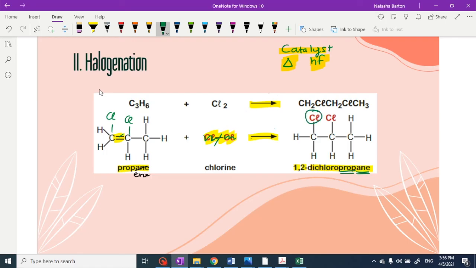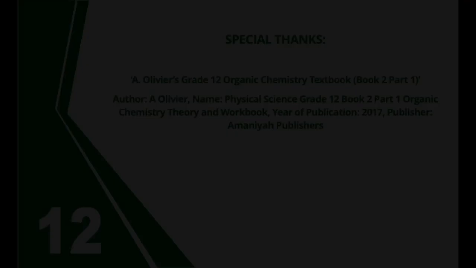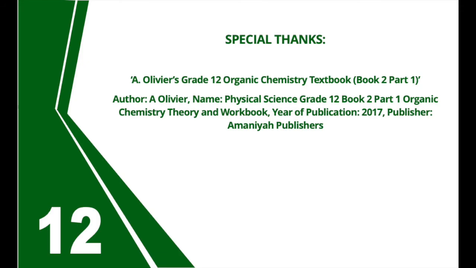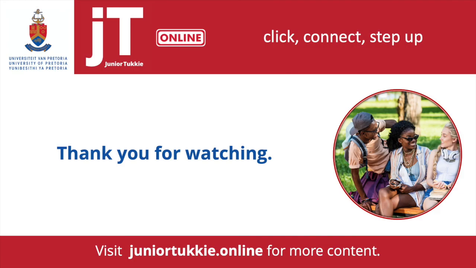We have 2 chlorine atoms, one on the first carbon, one on the second carbon, so it's 1,2. Di for 2 chlorine atoms, chloro for chlorine, and our name is therefore 1,2-dichloropropane. It's as simple as that, and this is halogenation because we are adding a halogen to an unsaturated organic compound.